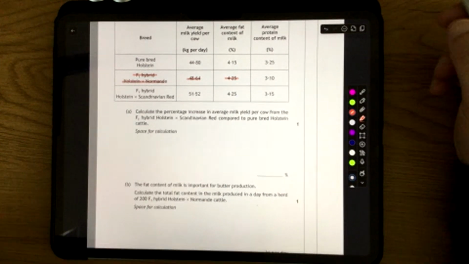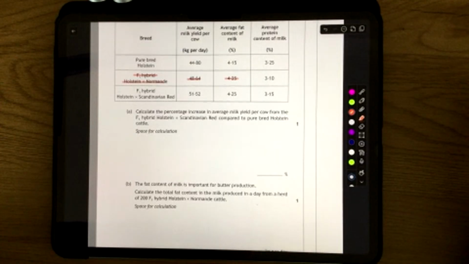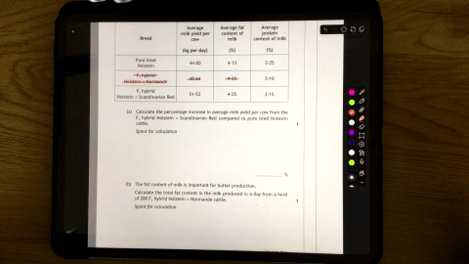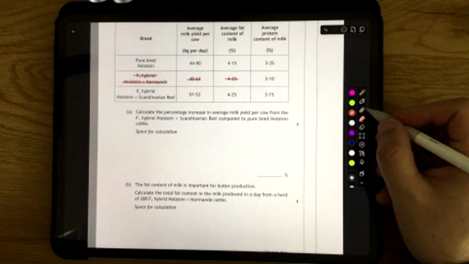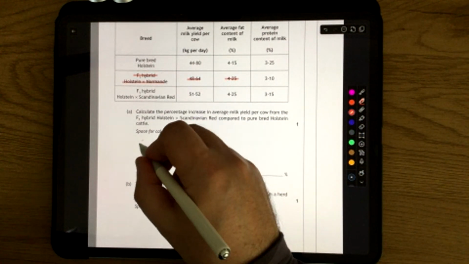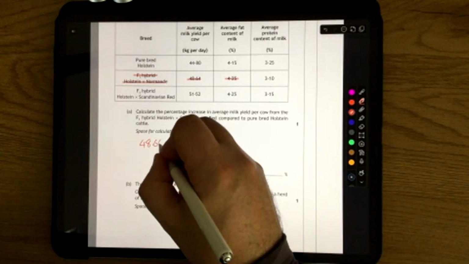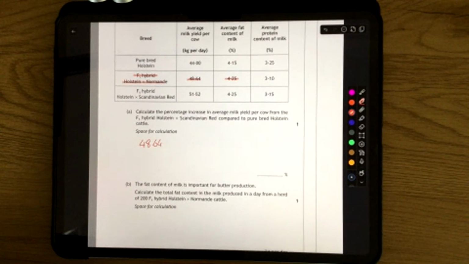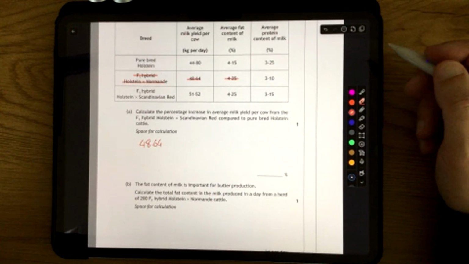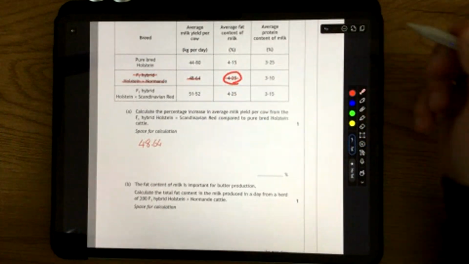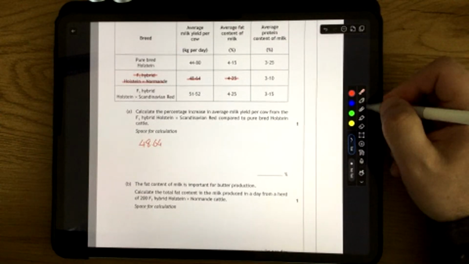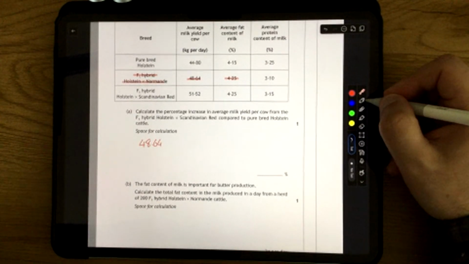So, how we're going to do this is we're going to take the average milk yield per cow, which is 48.64, and we're going to work out what 4.25% of that is.